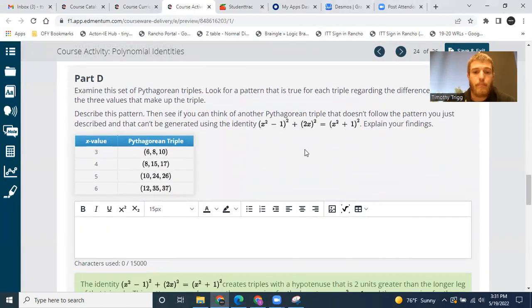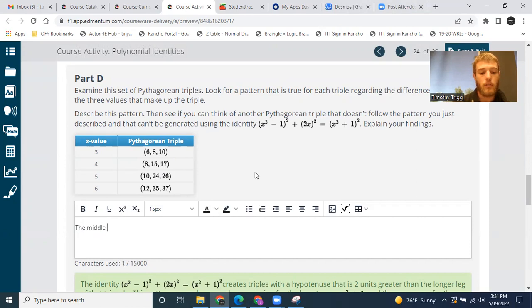Okay, part D. So here's some more Pythagorean triples. Describe this pattern, then see if you can think of another Pythagorean triple that doesn't follow this pattern. So one thing we can see here, notice that the middle length term and the largest term, they're only 2 apart from each other. So that's one thing we can describe here.